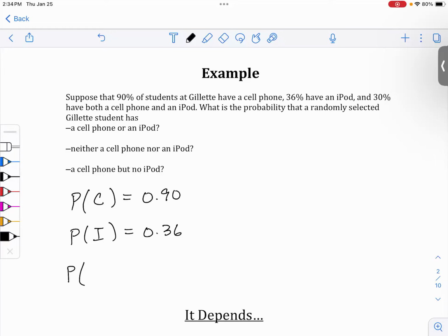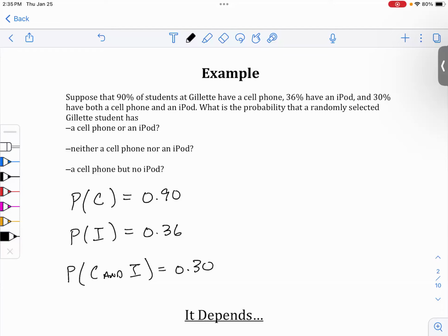Always use the not notation, C and C not, and if you have a combination, instead of writing probability B for both cell phone and iPod, it's much better to write this as C and I. Use a connector and limit the amount of variables that you're creating. Because all of a sudden, if you get down a problem and you have 10 different variables when you actually only needed 2, I see way too much confusion.